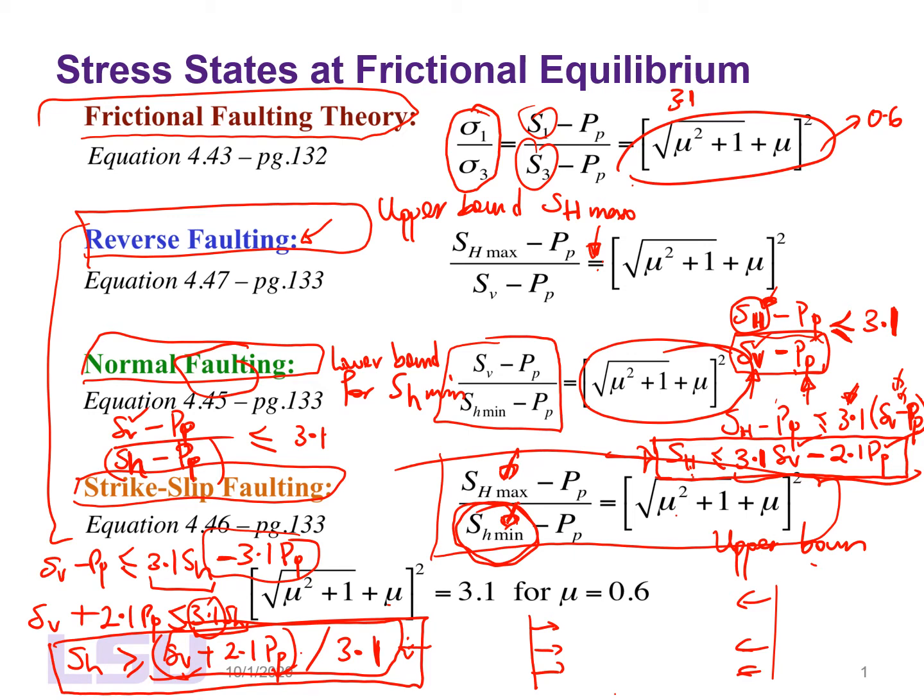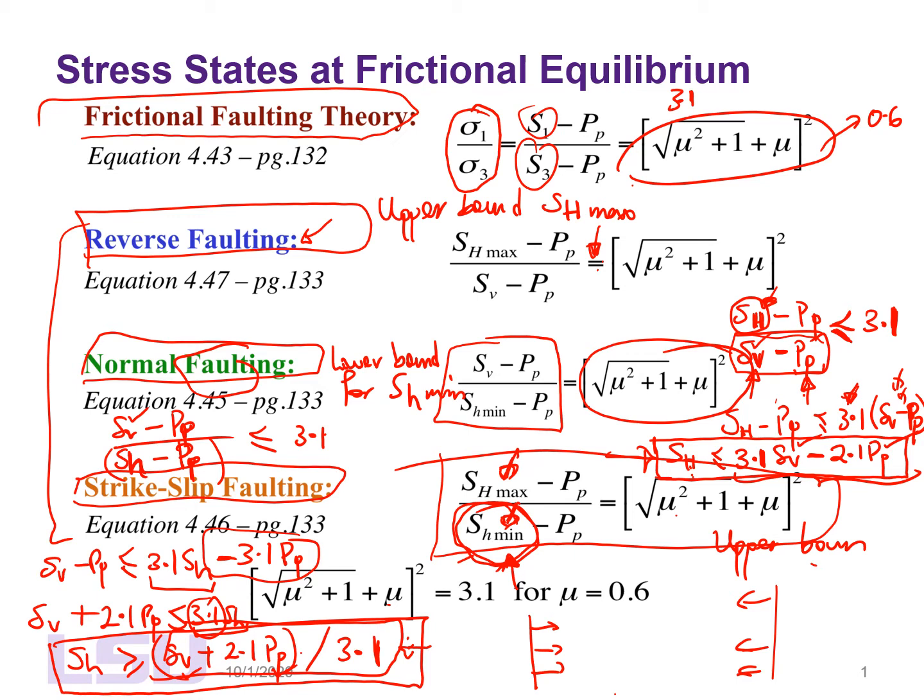So just when you open up the fracture while pumping in fluids, the pressure of the fluid in the fracture will be equal to SH mean at that point when the fracture begins to open up. So from leak-off test, from hydraulic fracturing, just that onset of fracture propagation, you get SH mean.